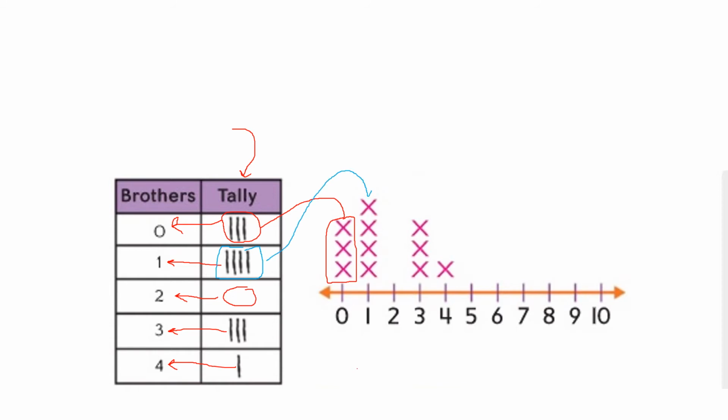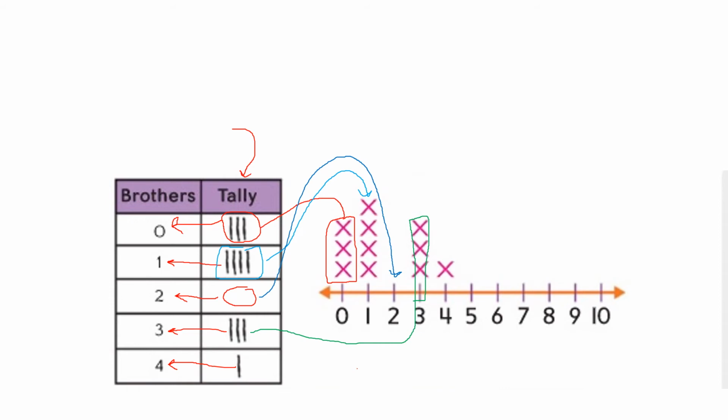And there they are. Now, no one said that they had 2 brothers. So there's nothing to put there. Okay? And then 3 people said they had 3 brothers, and there's that right there. And finally, 1 person said they had 4 brothers.